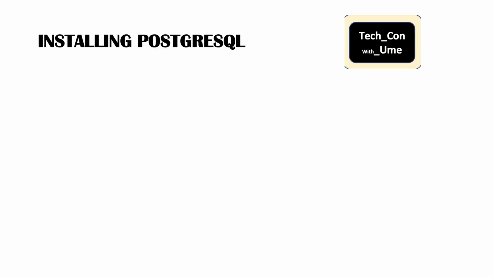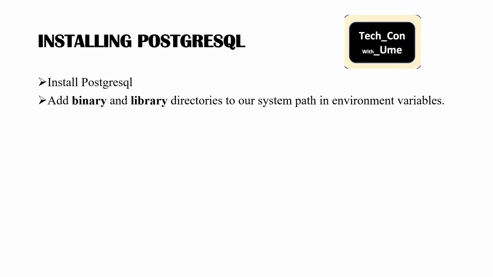So for this video, obviously, we're going to be installing PostgreSQL. But in addition to that, we're going to be demonstrating how you add PostgreSQL binary and library directories to our system path in environment variables. Now, this is a very important action when installing PostgreSQL, and it's important for a number of reasons.